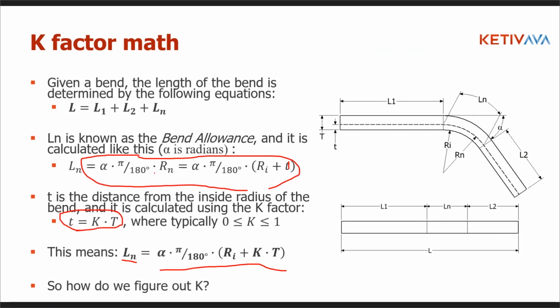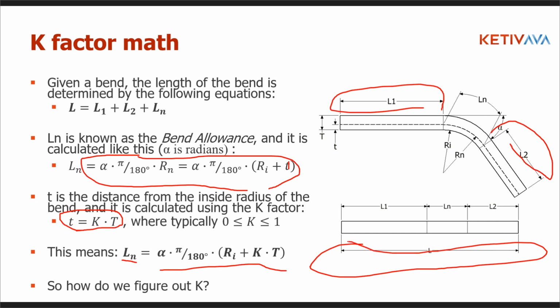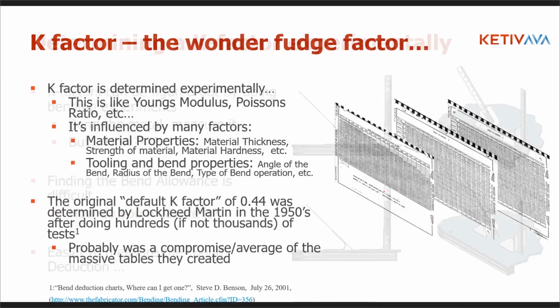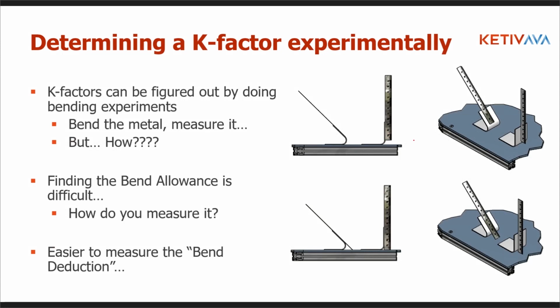You notice that to calculate our general K-factor, what we have to measure is length 1 and length 2 of our two flanges, and we have to measure the overall length, right? The overall length's easy. That's when it's flat. But, you know, putting a ruler up to a bent piece of metal and actually finding where your bend ends and your flange begins is not very practical.